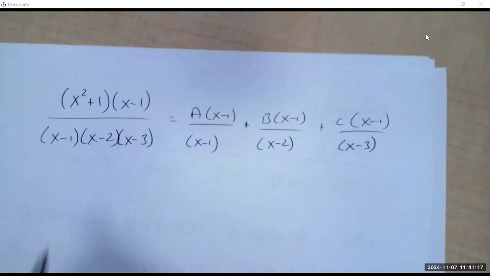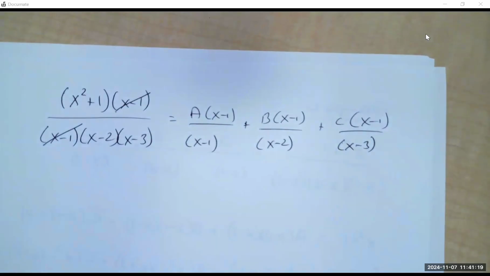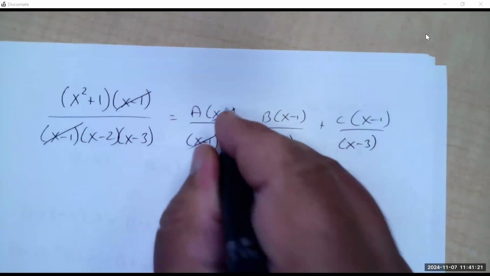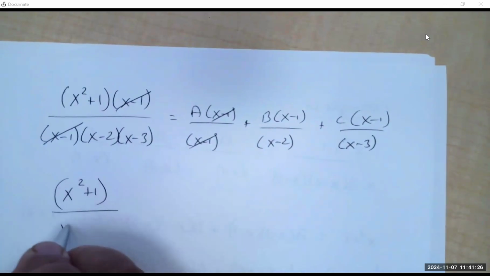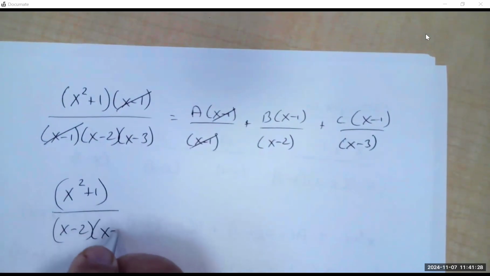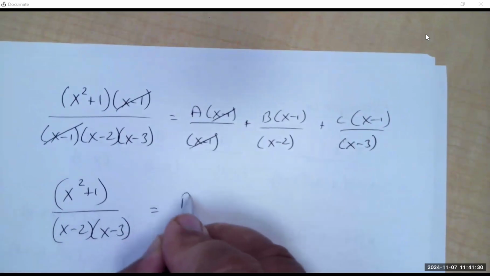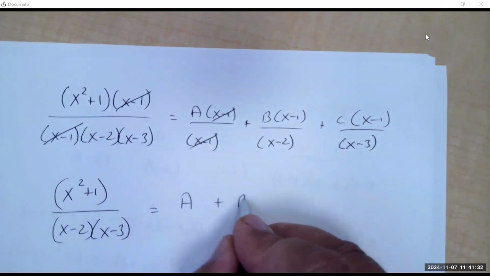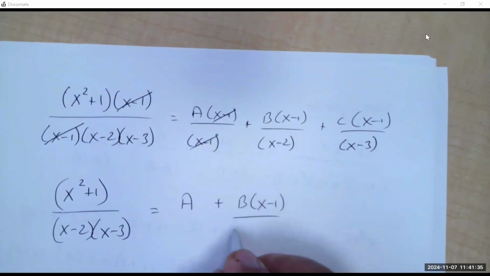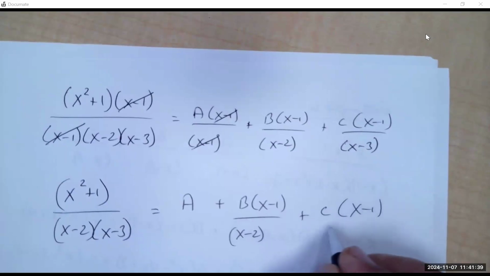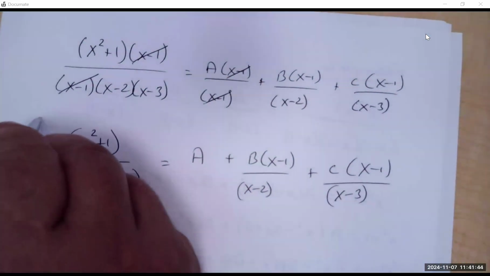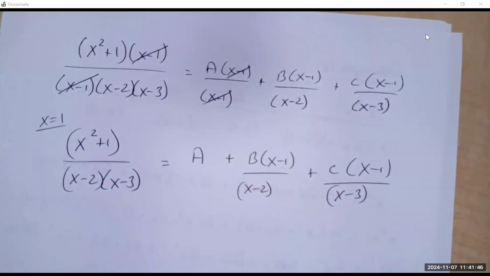Okay, before we multiply, this and this cancel. That and that cancel. So we have x squared plus 1 over x minus 2, x minus 3 equals A plus B times x minus 1 and C times x minus 1. So when we enter x equals 1, what happens to B and C?